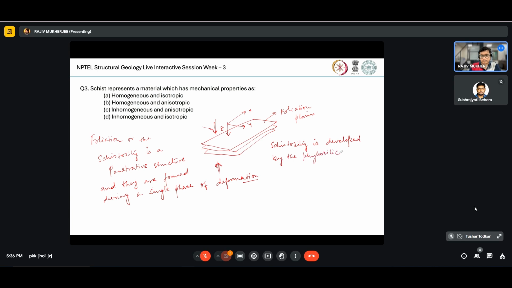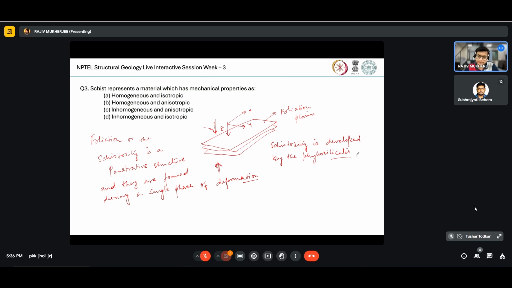So it is quite obvious that since the foliation planes are essentially defined by the phyllosilicates, they will be compositionally homogeneous throughout the planes. And if there exists a compositional homogeneity on that plane, that would eventually mean that there should be a mechanical homogeneity as well.